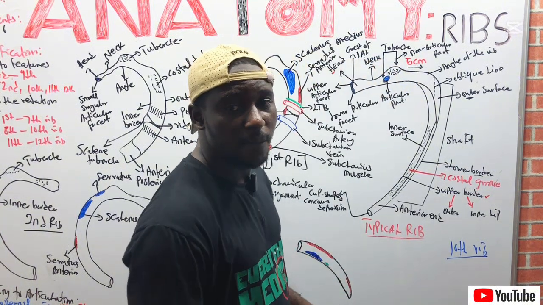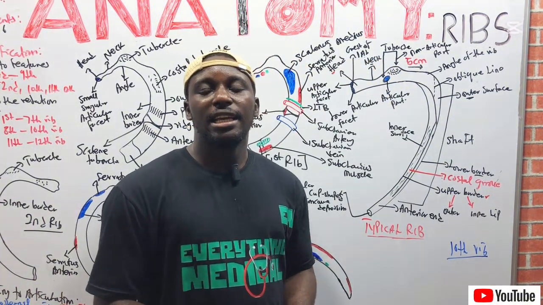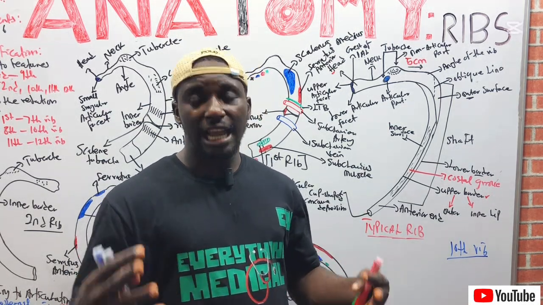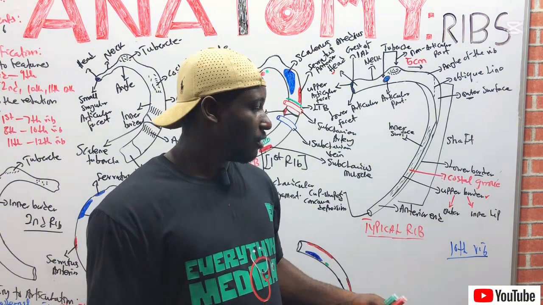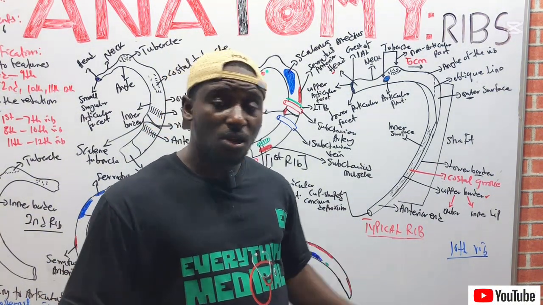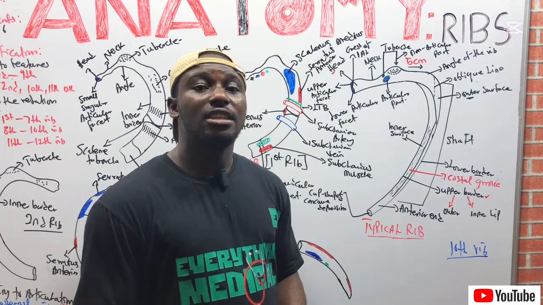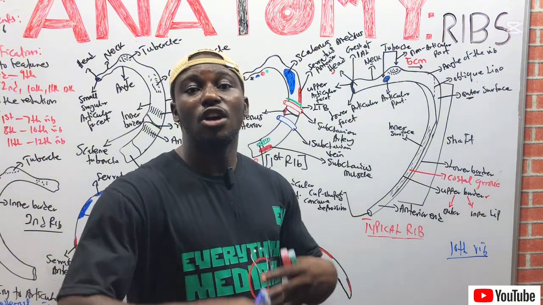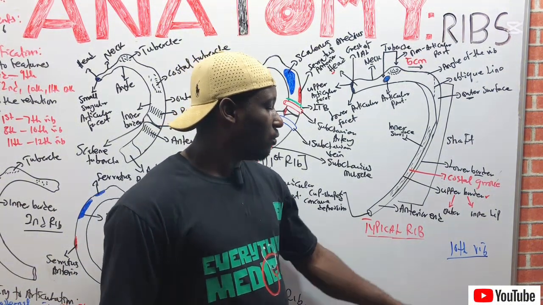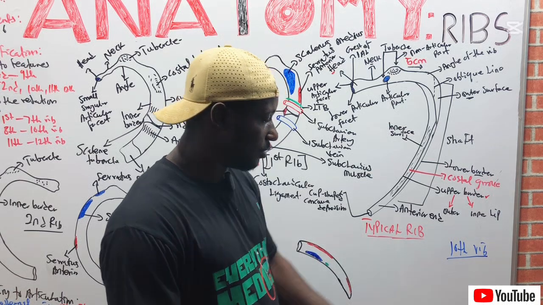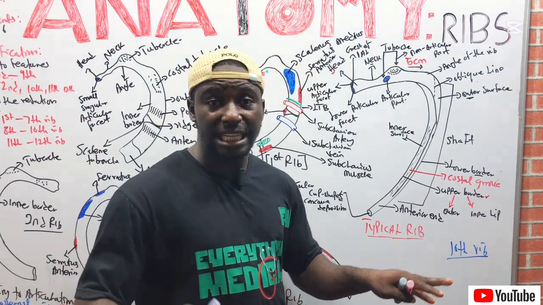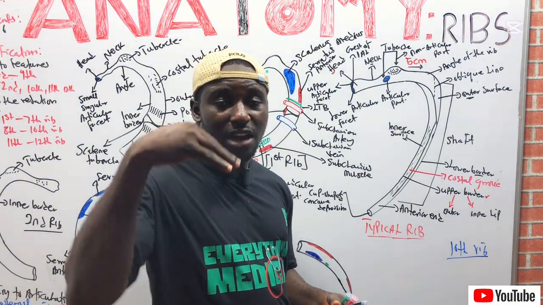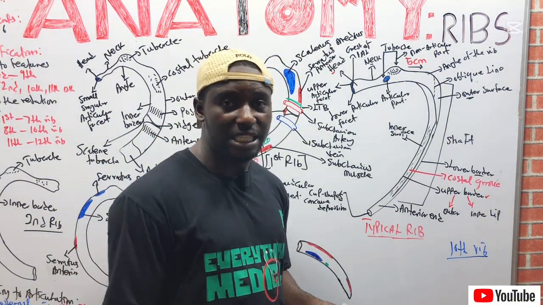The 10th rib has a large articular facet on the head which articulates with the vertebra, and it is also said to be shorter than the typical rib, like the other atypical ribs. The 10th rib does not have much feature, just that it has a large articular facet found on the head, which articulates with the vertebra posteriorly.